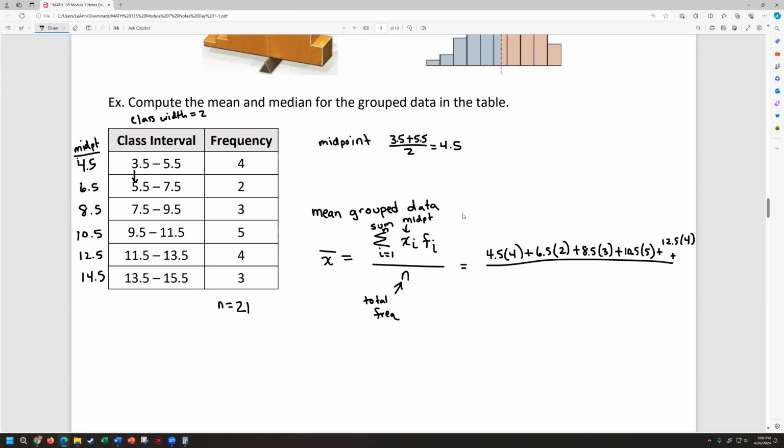And then last plus, I'm kind of running out of room, we have 14.5, and that one is times 3. Okay, and then we're going to divide all that by 21.